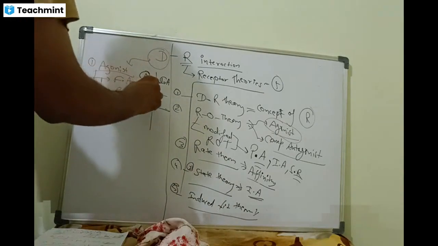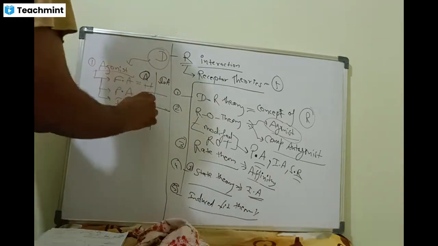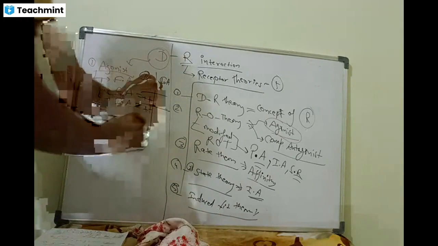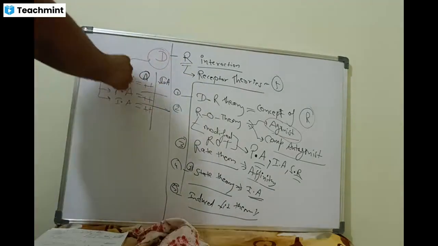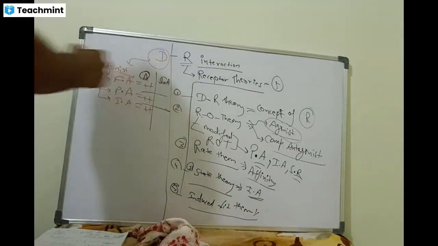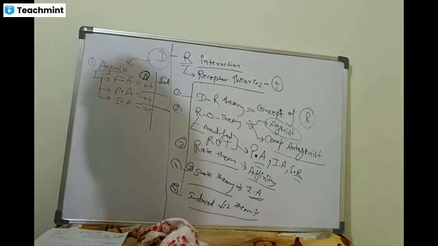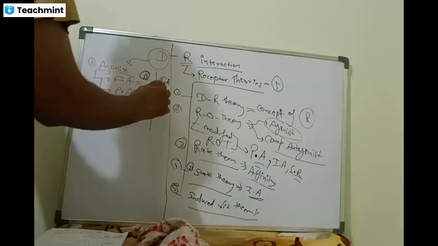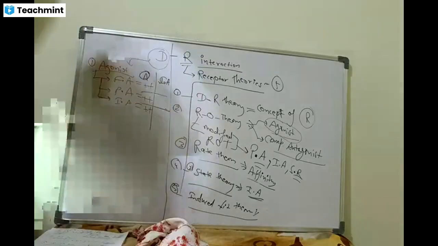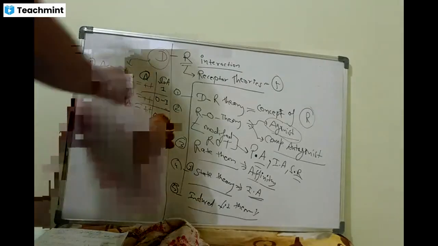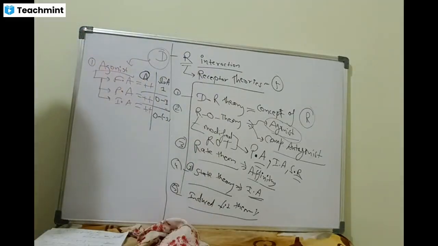So this affinity is high for all of the three, but they differ from each other in the intrinsic activity. For full agonist it is one, for partial agonist 0 to 1, and for inverse agonist 0 to minus 1.